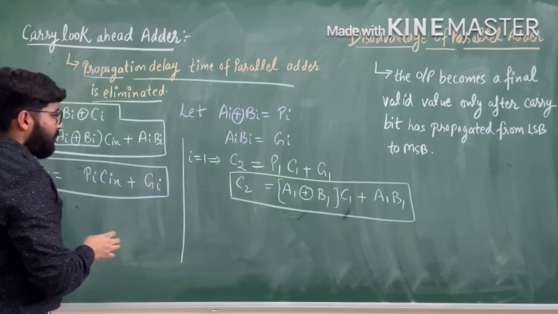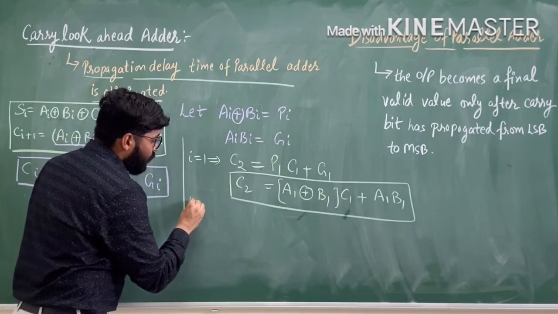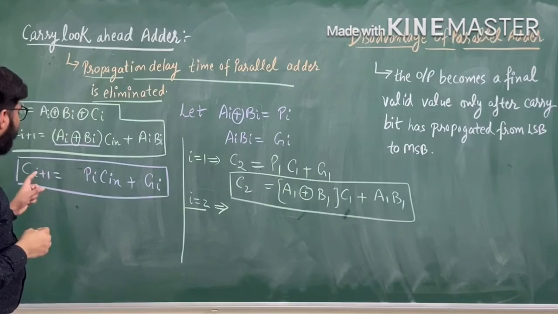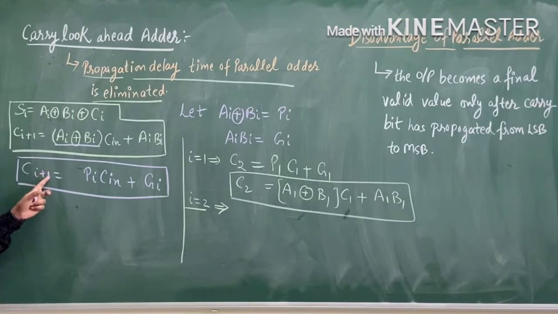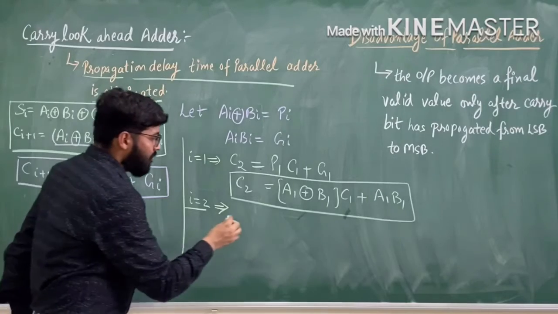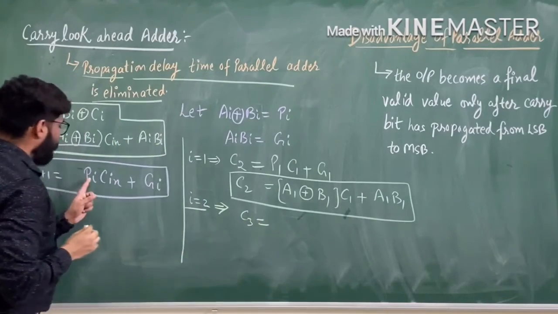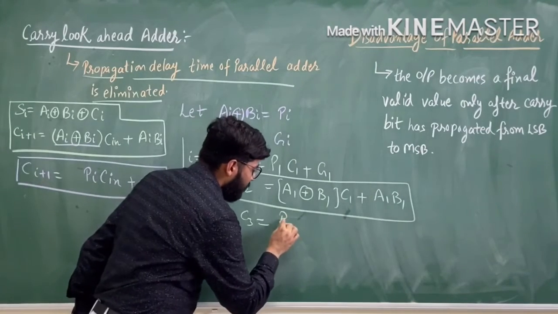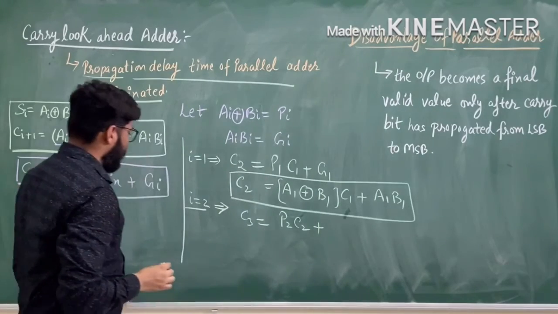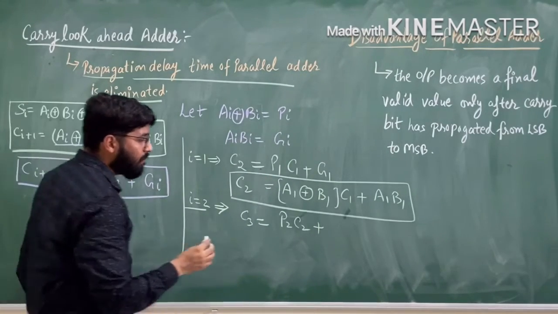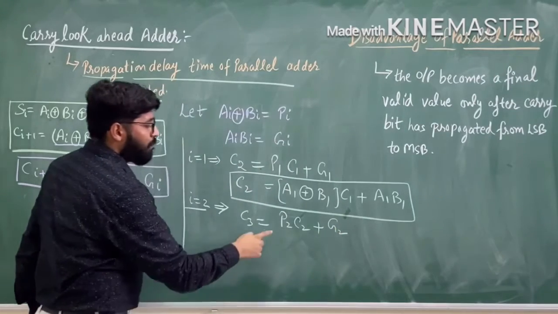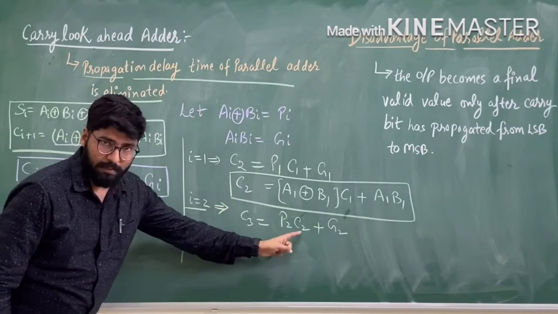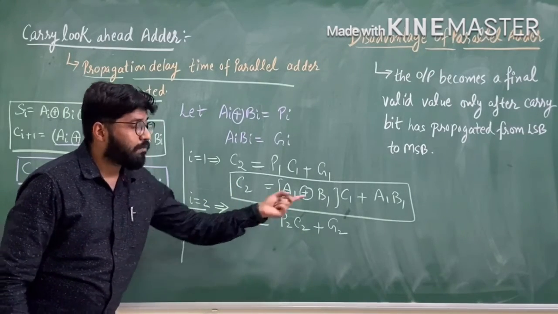Now if we consider i equals 2, then 2 plus 1 is 3, so C3 equals P2 C2 plus G2. Now we can put the value of carry 2 in this expression, so this carry also becomes in terms of C1.